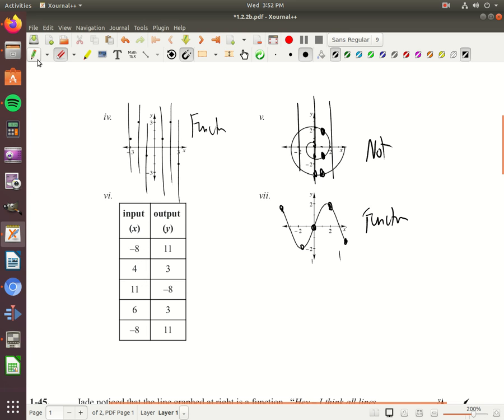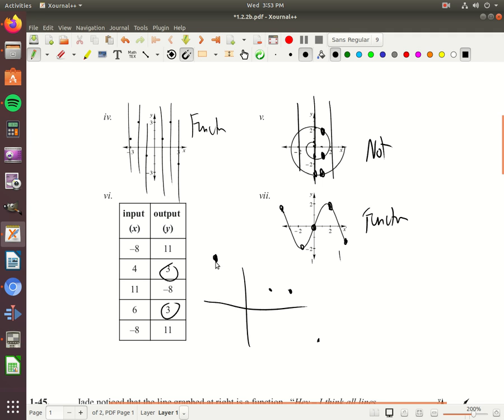And again, I just want to talk real quickly. Some people say, well, no, look, you can get 3 twice. Yeah, it doesn't matter. If I graph this thing, -8 is 11, 4 is 3, 11 I get -8, 6 is 3, and -8 is 11.